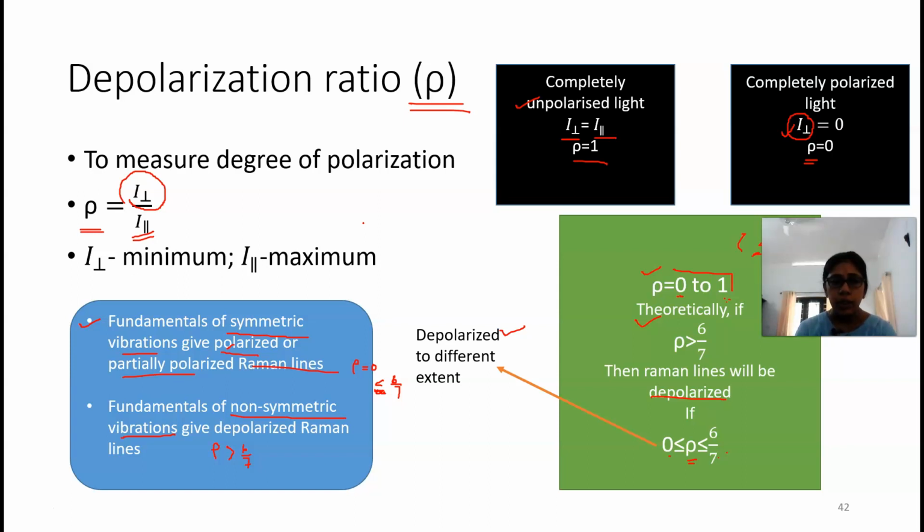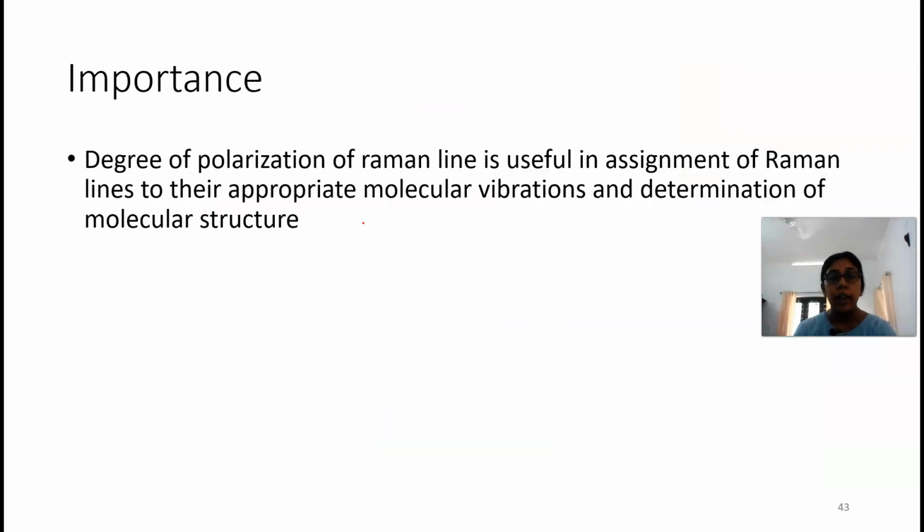And the fundamentals of symmetric as well as non-symmetric vibration can give you an idea regarding the depolarization ratio: it can be 0 or less than 6/7 for symmetric vibration, and greater than 6/7 for non-symmetric vibration, and correspondingly we can say that is partially polarized or depolarized Raman lines, and they will be giving useful information regarding the molecular vibration and will be useful for determination of molecular structure.